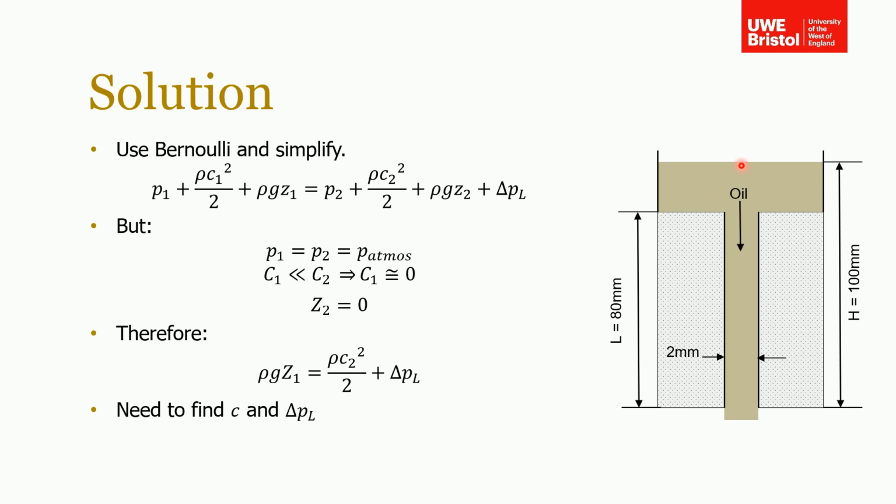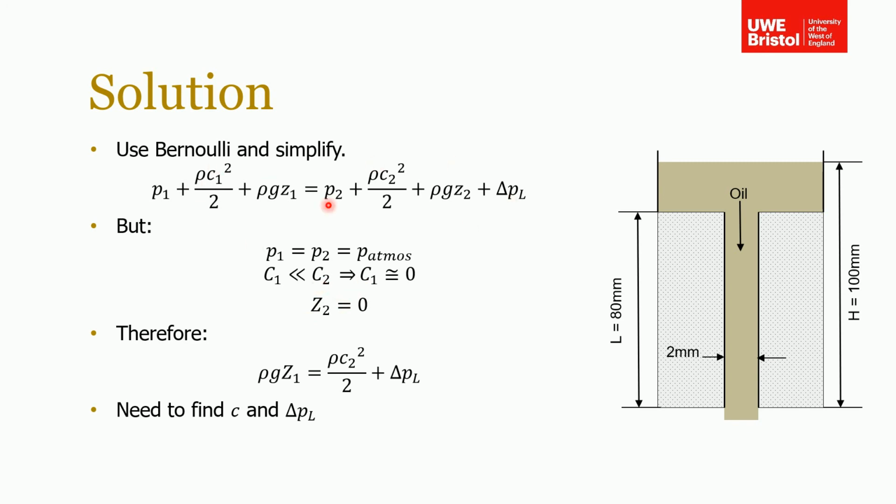We can also assume that the area of this tank is very large compared to the area of this pipe, and therefore the velocity in the tank is very, very small compared to the velocity in the pipe, and therefore it's negligible. So we set C1 to 0. We're going to say that the exit is our datum, and therefore Z2 is equal to 0.